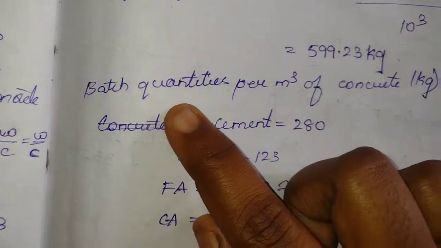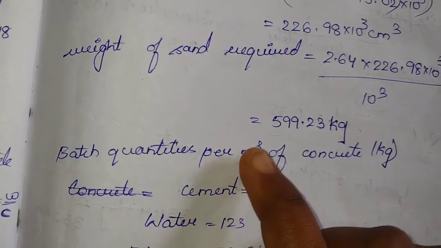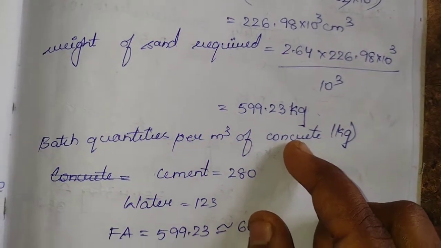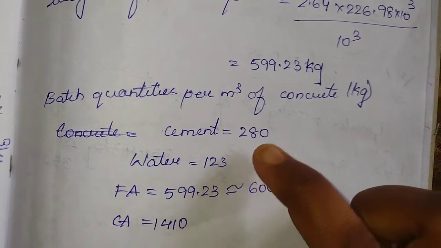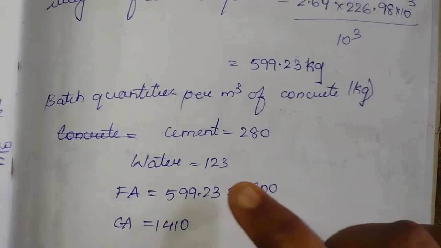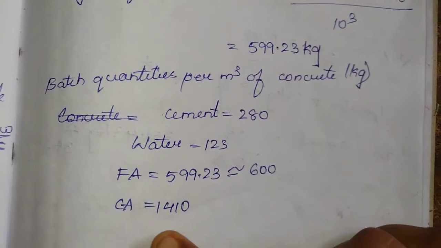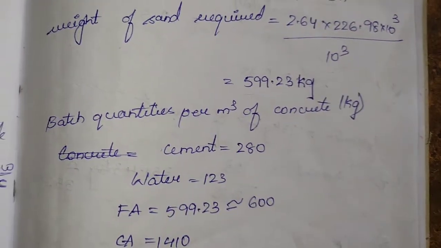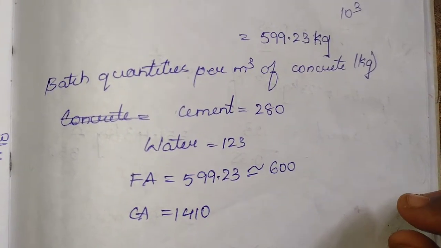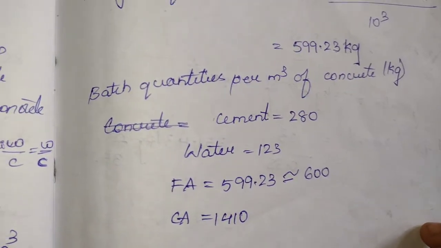So all the batch quantities per meter cube of concrete are: cement is 280 kg per meter cube, water is 123 kg per meter cube, fine aggregate is 600 kg per meter cube, coarse aggregate is 1410 kg per meter cube. So this is the end of the concrete mix design using the ACI method.